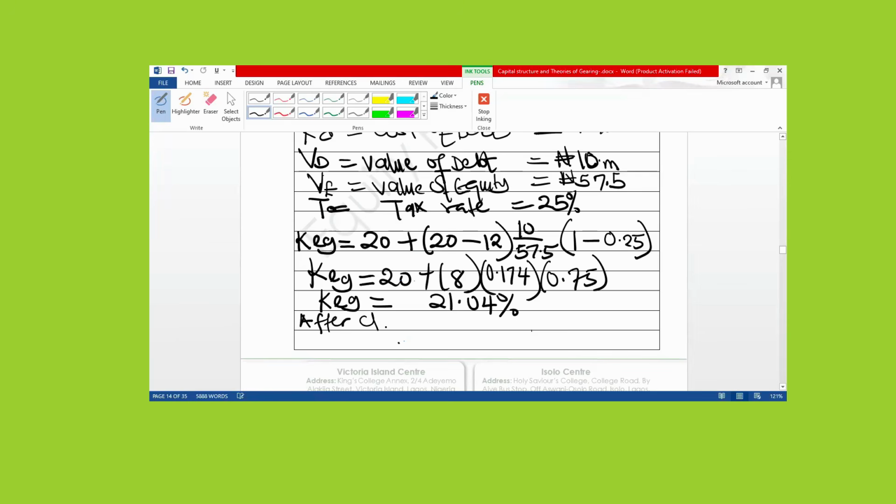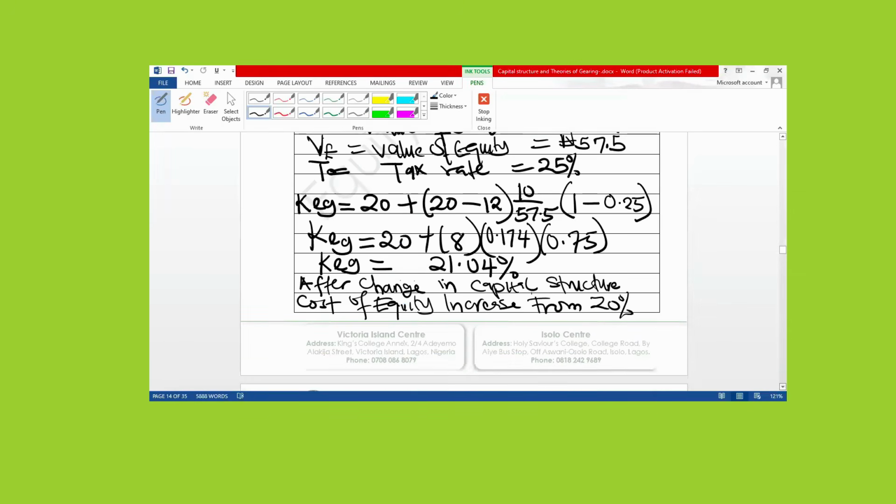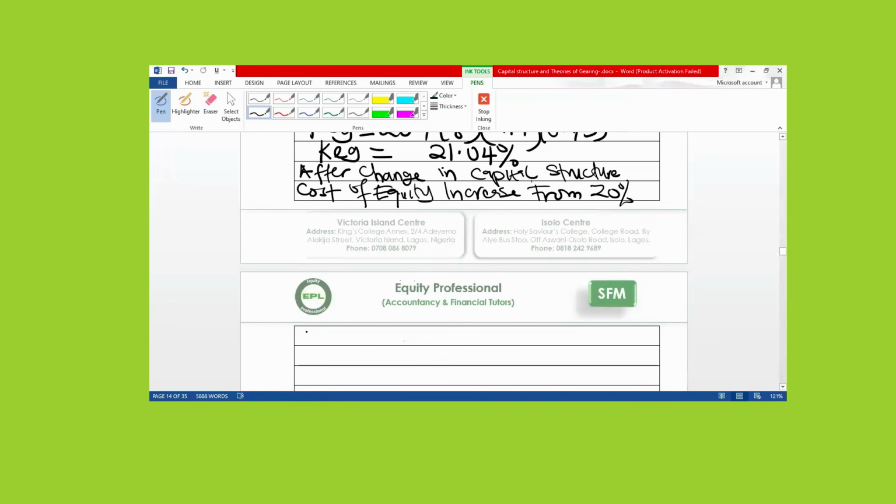After change in capital structure, cost of equity increased from 20% to 21.04%.